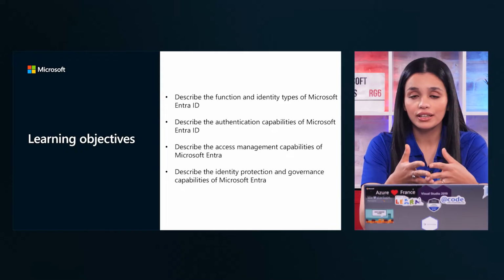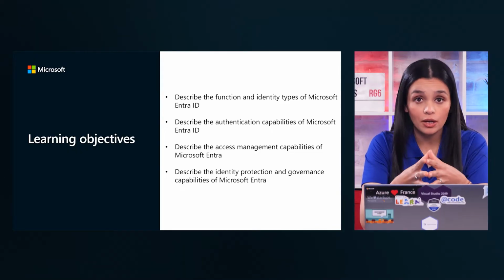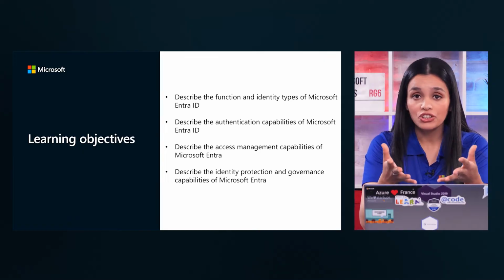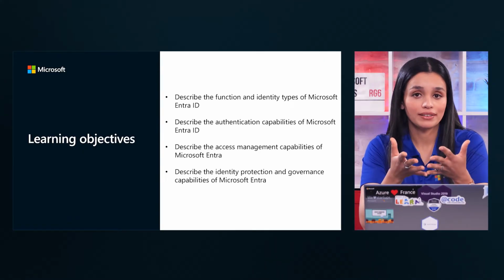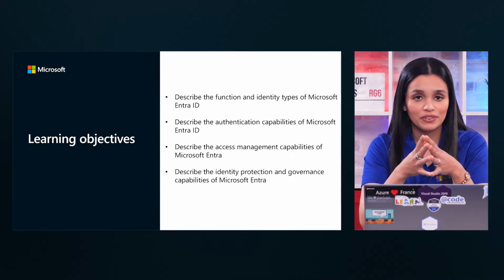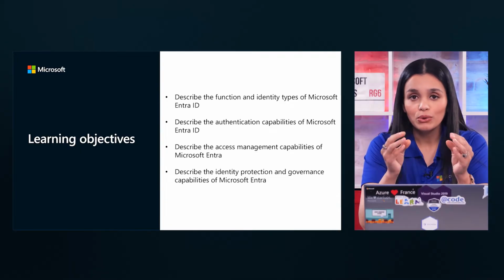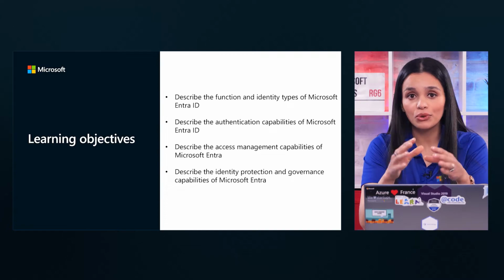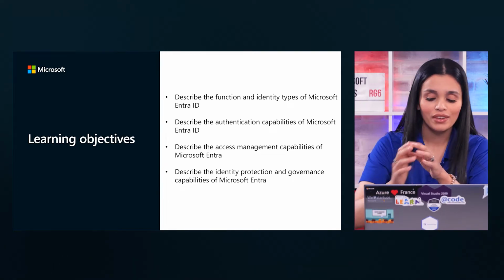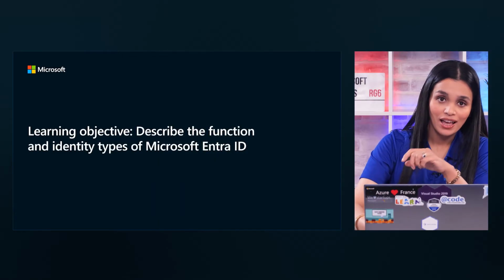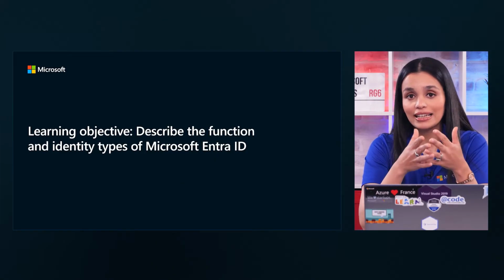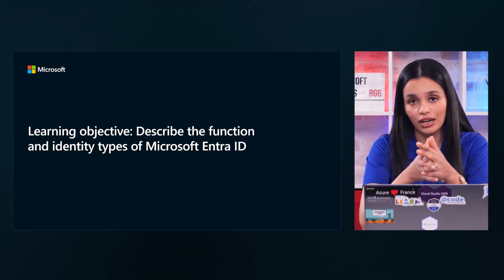We will start looking at the function and identity types of Microsoft Entra ID, then moving on to the authentication capabilities of Microsoft Entra ID, followed by access management capabilities of Microsoft Entra ID. Finally, we will be talking about identity protection and governance capabilities of Microsoft Entra. Let's go! Let's start with the first lesson, looking at the function and identity types in Microsoft Entra ID.